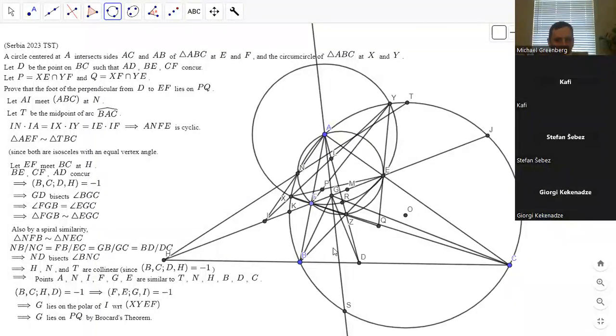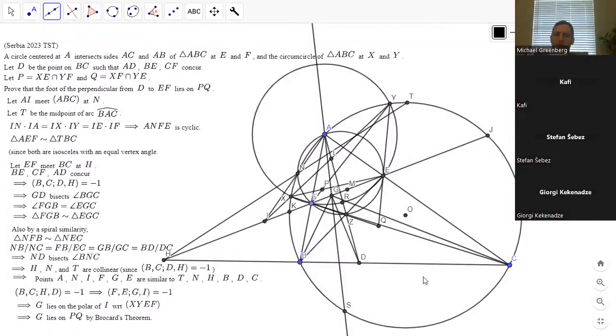And I think I proved that S, D, and T are collinear. Well, that is obviously needed. And SD and T being collinear is equivalent to showing FG over GE is BD over DC.